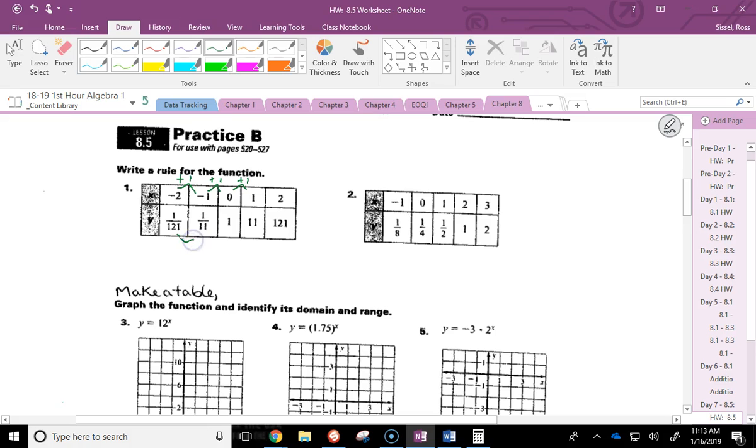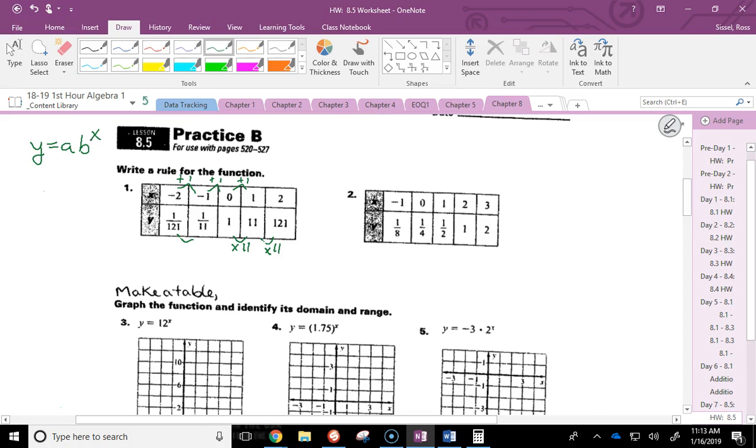Here, if that's hard to tell because it's a fraction, I go to the whole numbers. 1 times 11. 11 times 11 is 121. Because my y is multiplying, that's how we know we're doing our exponential growth. I'm looking for the equation y equals a times b to the x power.